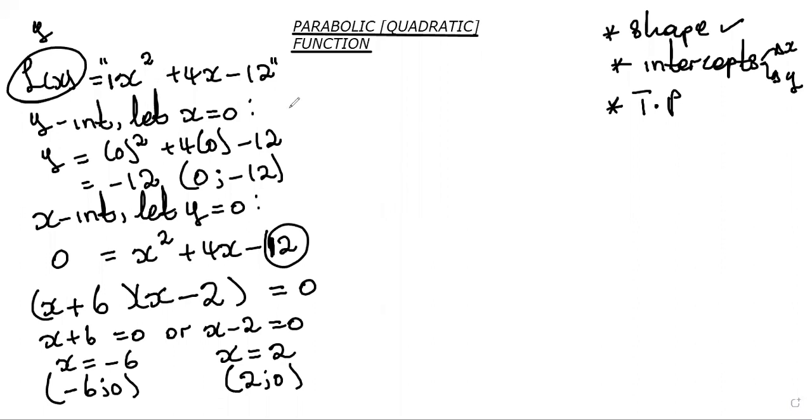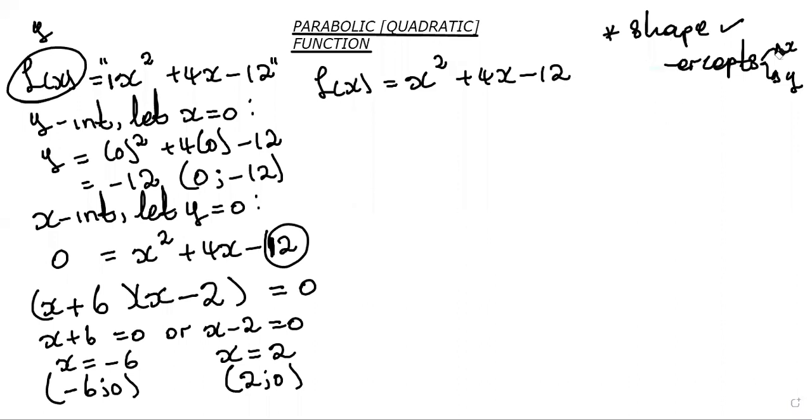The best way to do that is to complete the square. Well, we actually have 2 methods for finding the coordinates of the turning point. So let's start with the most demanding, which is completing the square. And then we can use a formula now that we know how to complete a square.